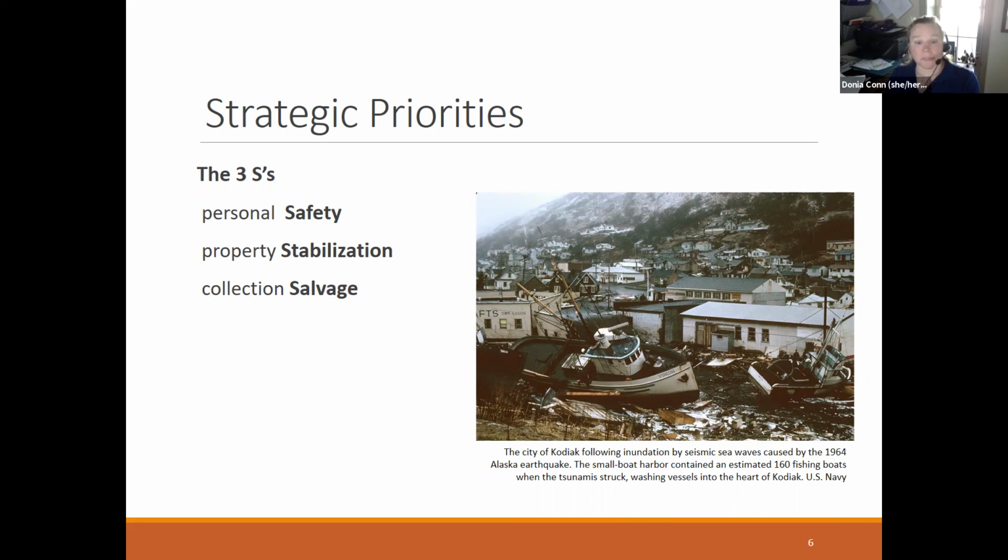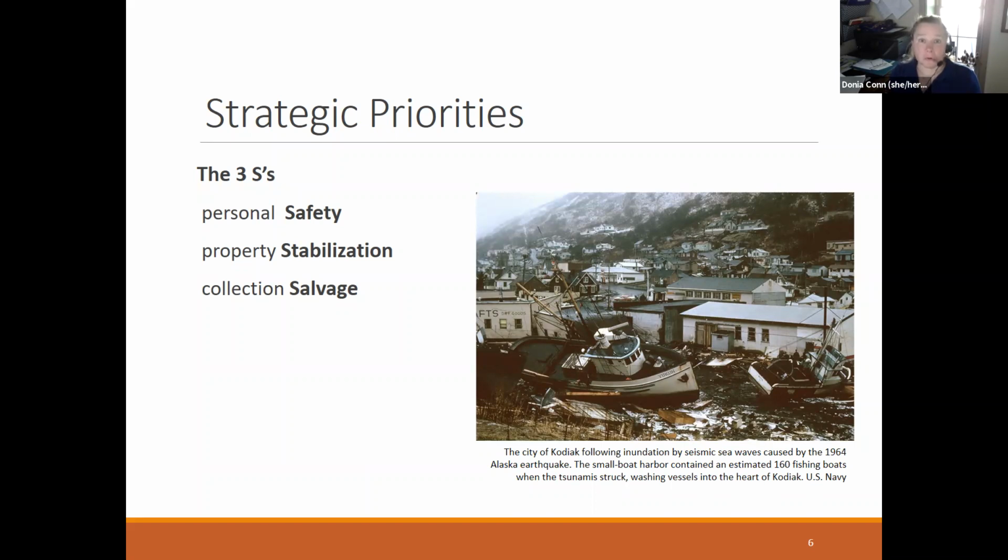into our building. So in the image on the slide here, we see the city of Kodiak after the tsunami that came after the earthquake in 1964. And although we know that none of these are necessarily collection holding buildings, they're not museums, but with buildings like this, after a tsunami, has it shifted on its foundation?